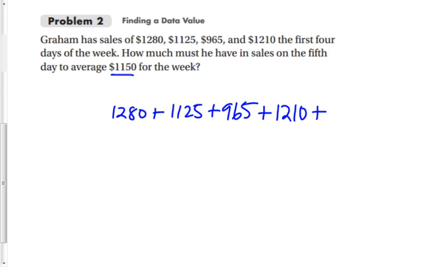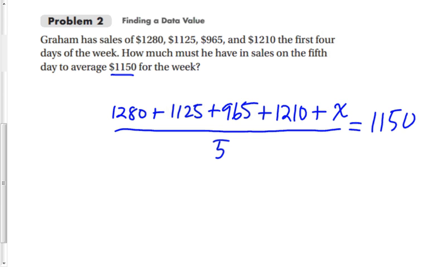and add one more missing number to that, and then divide that by 5, we should get the average, which is 1,150. So to figure this out, I'm going to multiply both sides by 5, and that gives me 5,750.